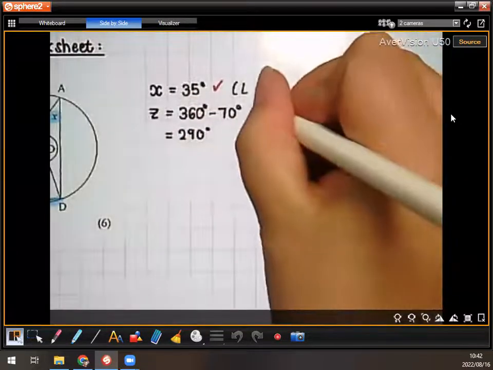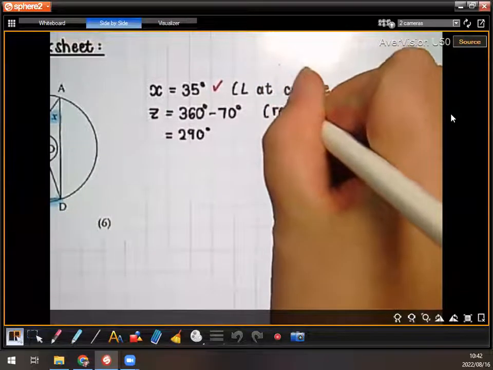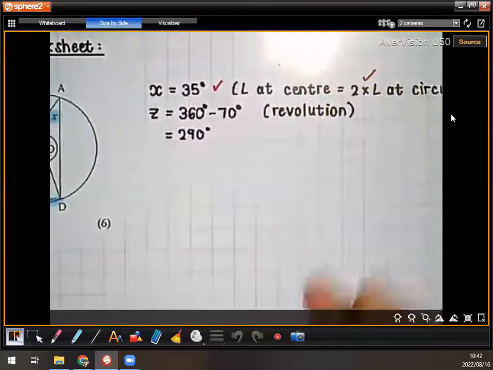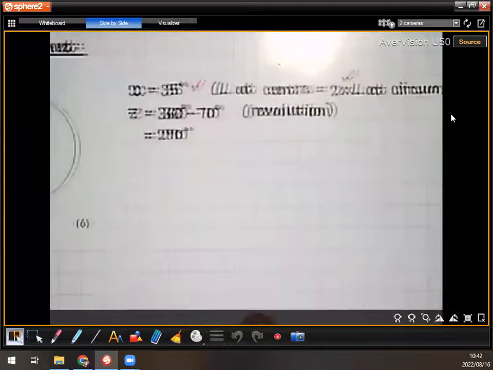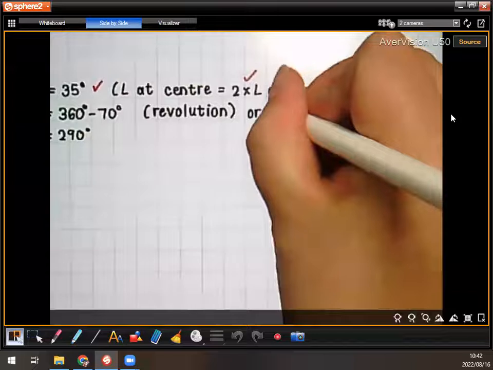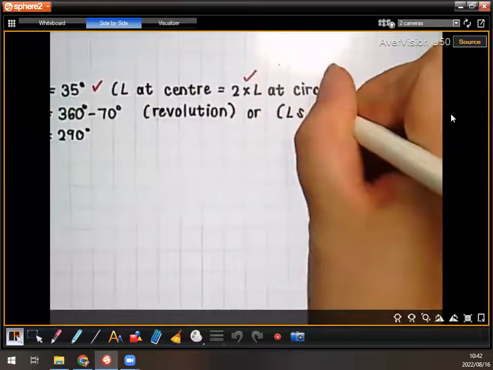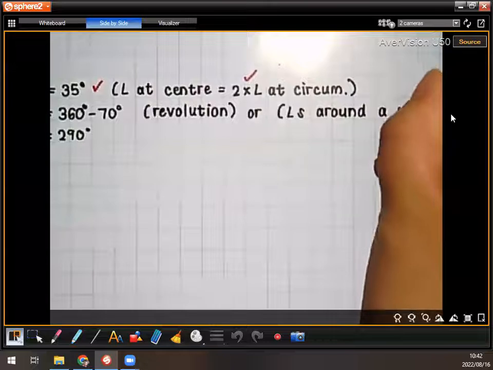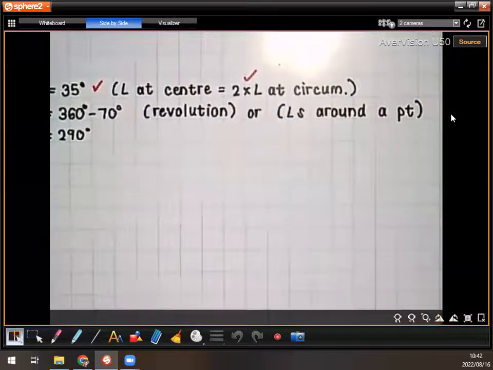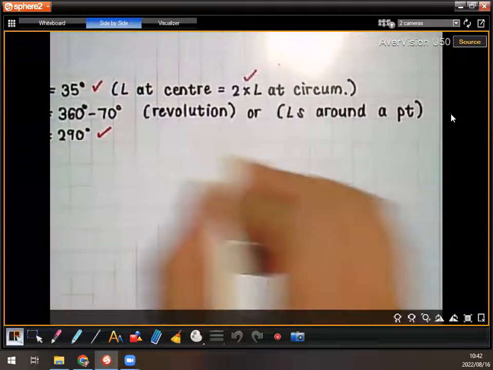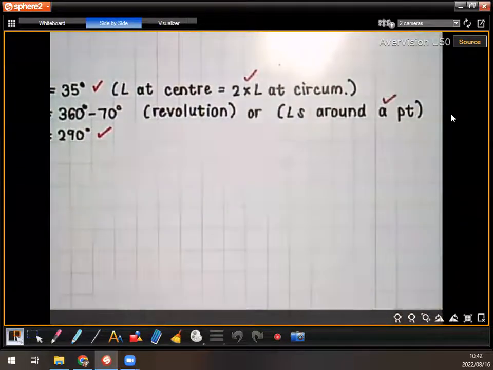And the reason for that, guys, you can either write revolution, which is shorter, so you'll probably prefer that one, or you can write angles around a point. And you'll get 2 marks regardless of which one of those reasons you've used. So it could be 1 mark for the 290 and then 1 mark for one of those 2 reasons. You can decide which one.